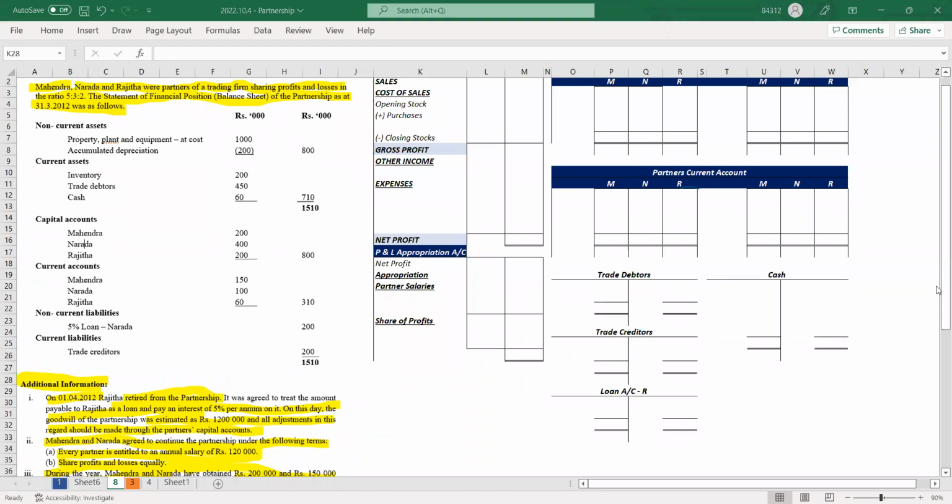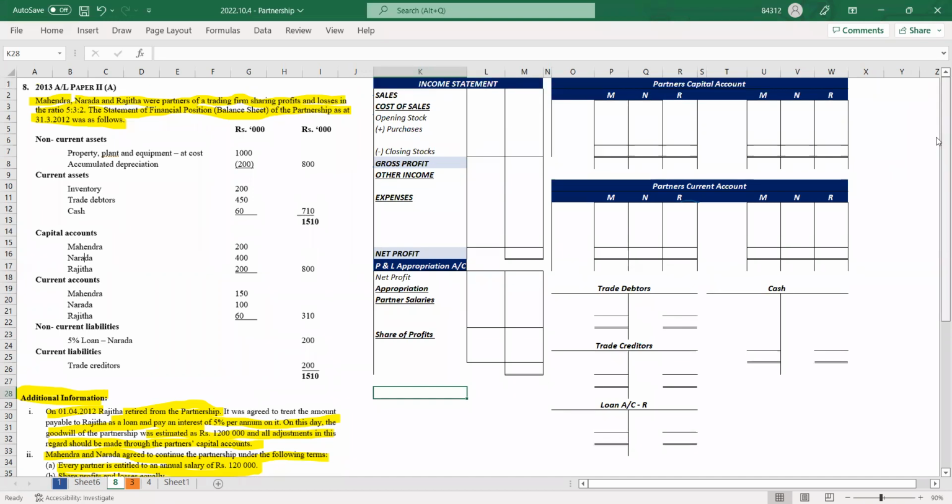Right, let's do this. First of all, we can record the opening balances from the balance sheet given.